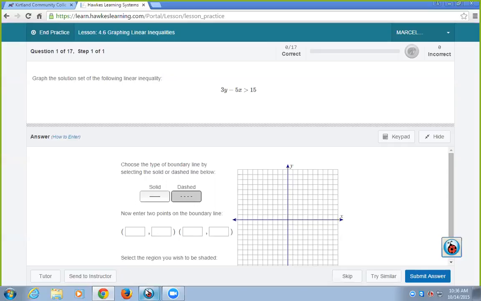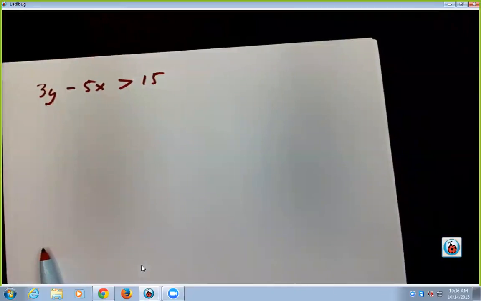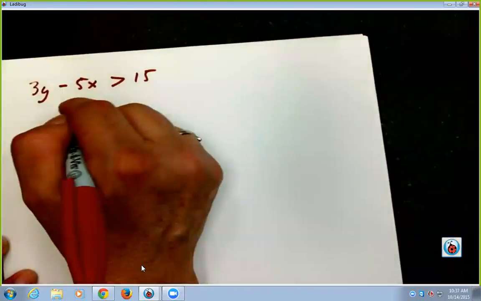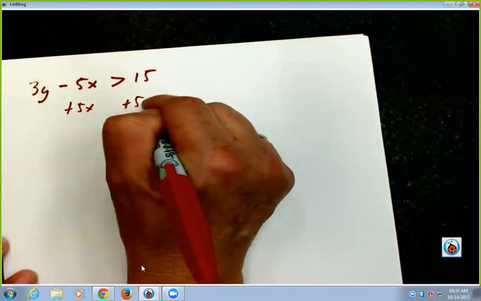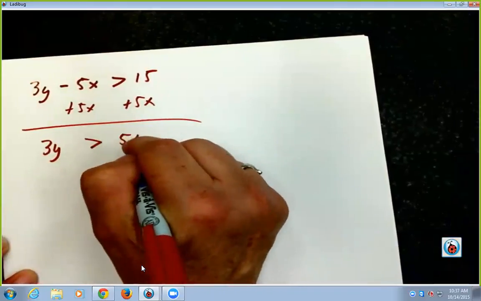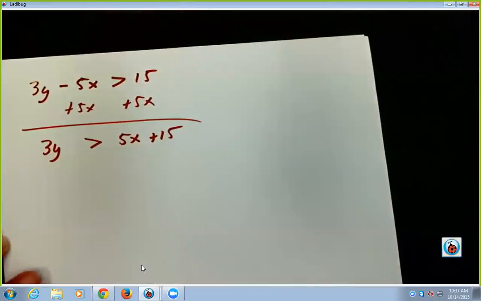And let me go back to my ladybug here. We're going to solve for y, because if I solve for y, I can get those points a whole lot easier than trying to plug in points. So I'm going to add 5x to both sides, and I get 3y is greater than 5x plus 15.